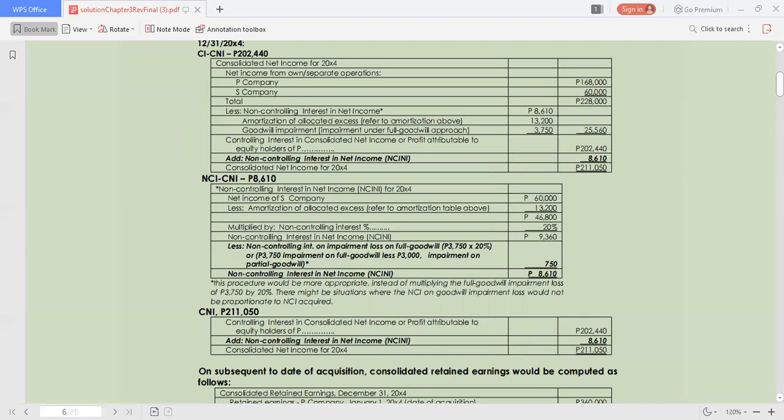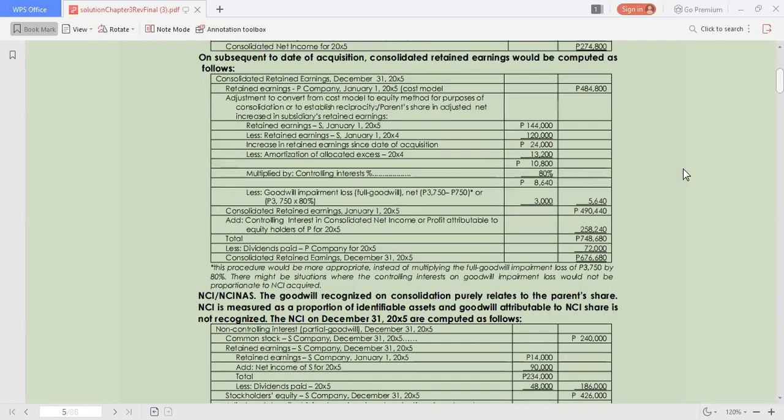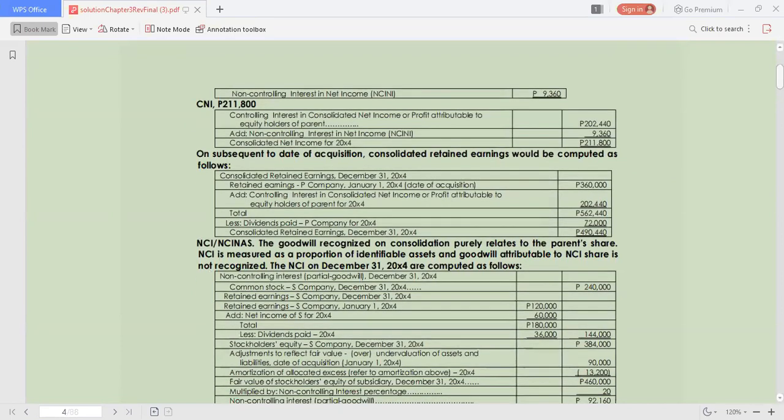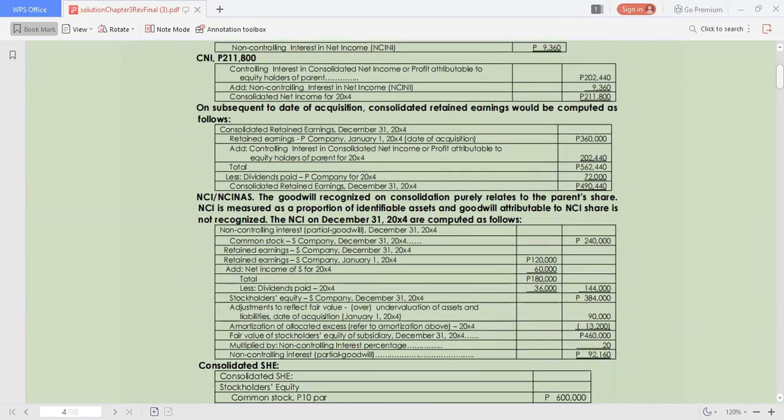We add non-controlling interest in net income. Okay, so we have, we are now determining the goodwill.